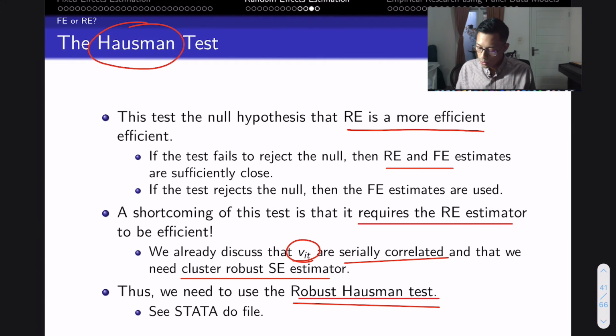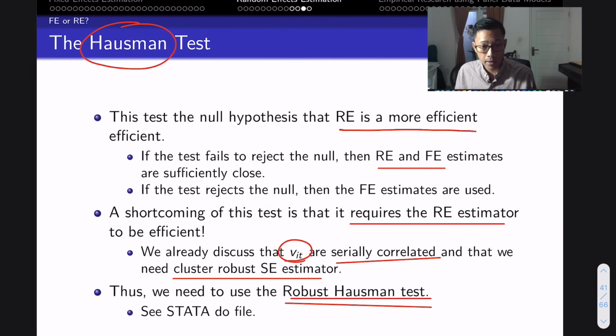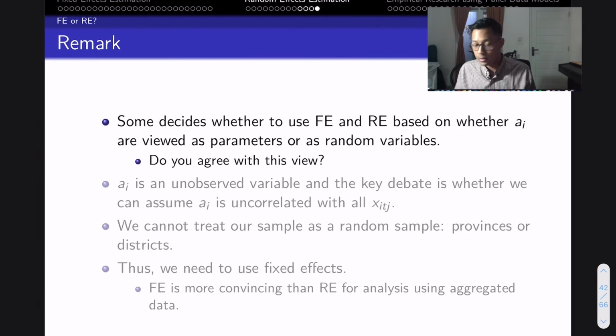Okay. So some decide whether to use fixed effect or random effect based on whether this unobserved heterogeneity is viewed as parameters or random variables. Again, this a_i, the unobserved heterogeneity, is not a parameter of the model. This is something that we do not observe.